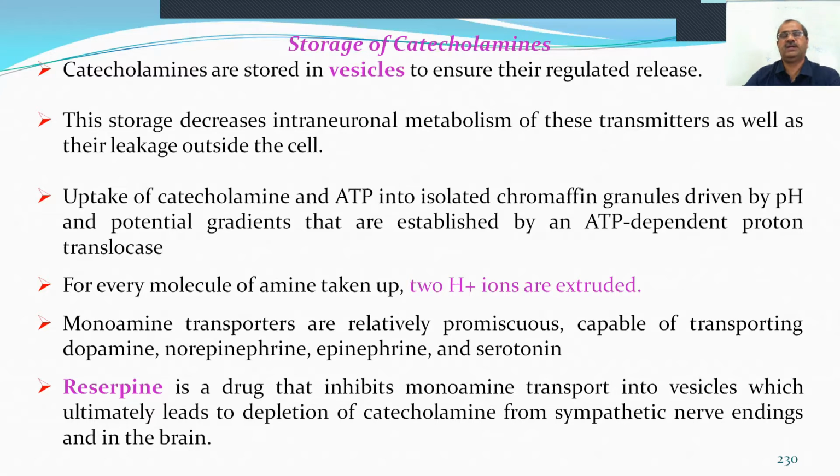For every molecule of amine taken up, 2 hydrogen ions are extruded out. So for every single molecule of norepinephrine or epinephrine taken up, 2 hydrogen ions are extruded out. And monoamine transporters are relatively promiscuous and capable of transporting dopamine, norepinephrine, epinephrine and serotonin.